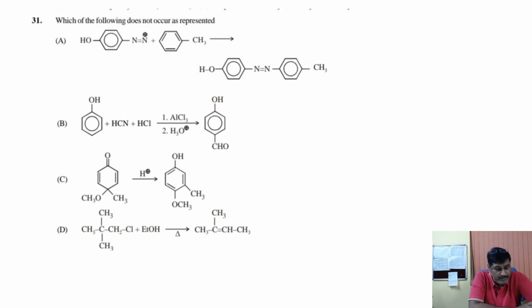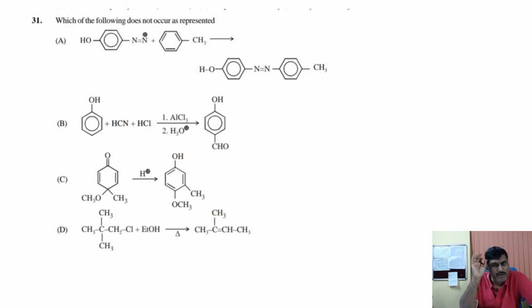Here we are moving to question number 31. Read the question: which of the following does not occur as represented? Means which one is not feasible. One thing, in the very first look it seems very difficult, because this is the diazo coupling reaction where the N2 plus diazonium is acting as electrophile. Its electrophilicity depends on which group is connected to that benzene ring.